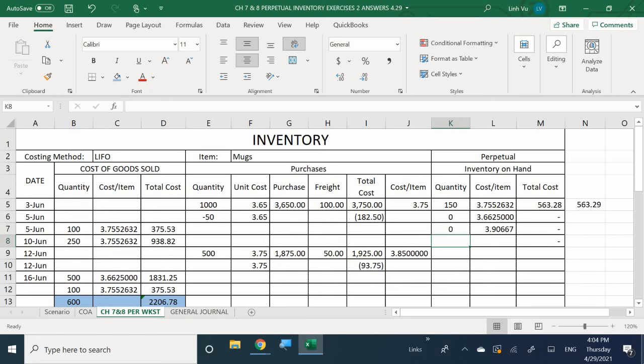Okay, so if you remember, as we went through the scenario, we ended up rounding both the cost of goods sold and the inventory on hand. Now, this will make a lot more sense, especially when we dive into utilizing the ledger, because your ledger must match your inventory worksheet.